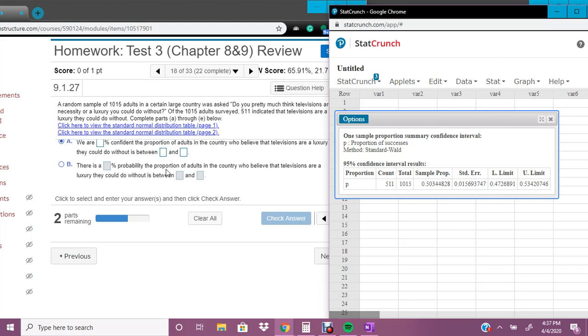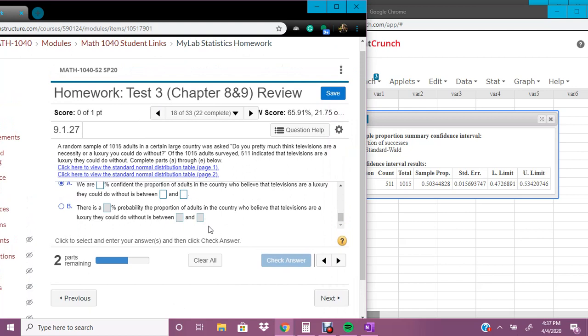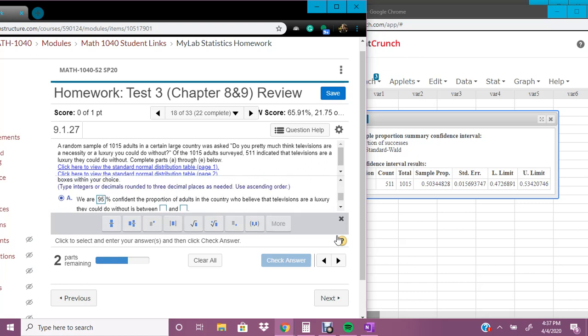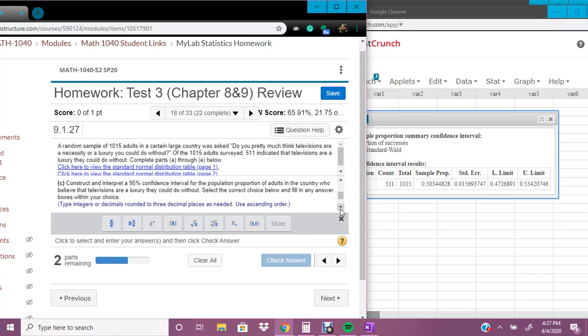And so out of these two options, sorry, I'm trying to get it so you can see it. This one says probability, this one says confident, and we're talking about confidence interval, so we're going to click that confident, and it gave us a 95% one, so that's just coming right from the question itself.